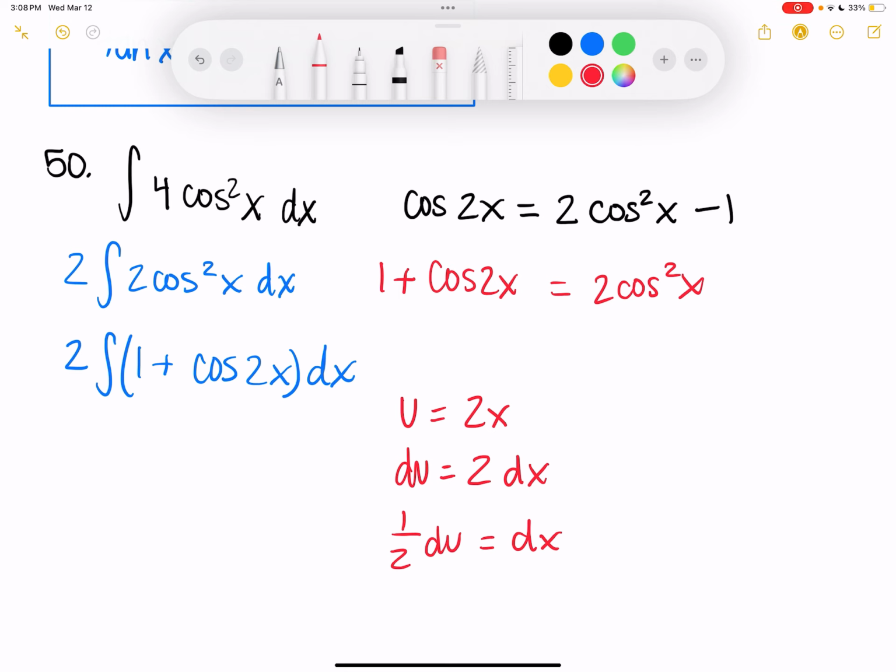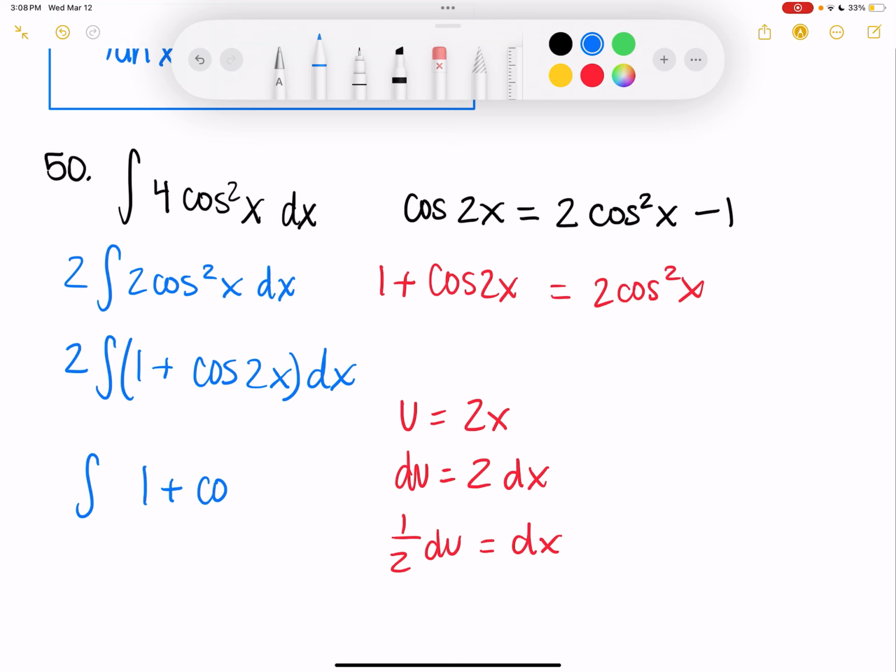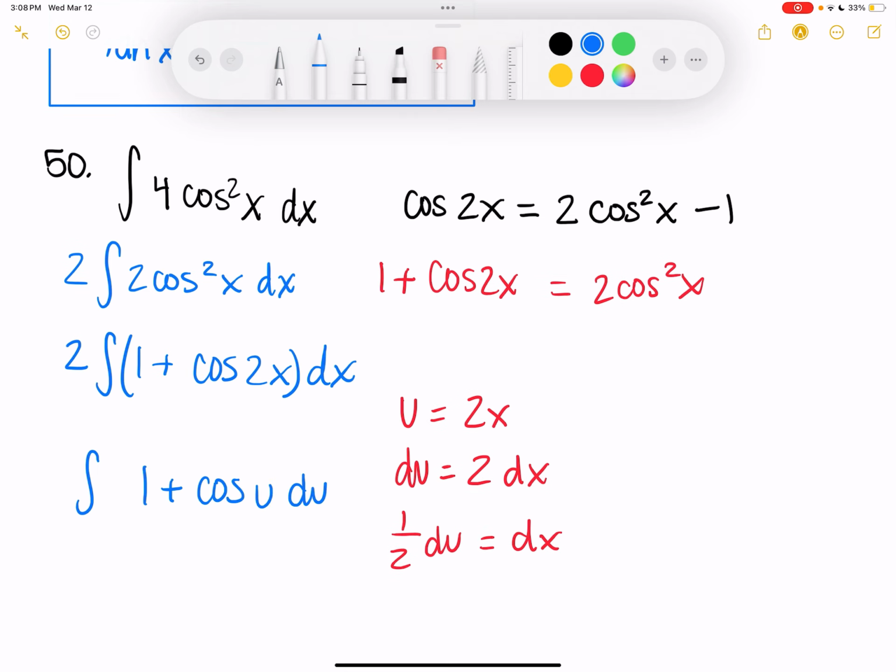I agree. All right, so this becomes basically 2 over 1/2, so it's just gone. And then the integral of 1 plus the cosine of u du. Antiderivative of 1 is u. Wait, what variable are we using? Oh, u. I was about to say x.